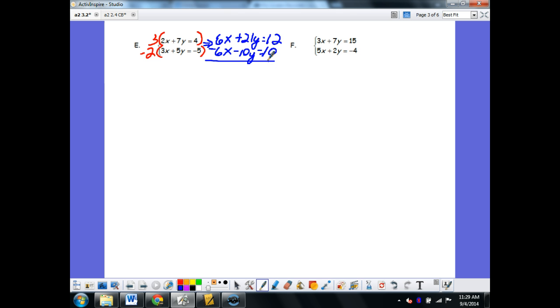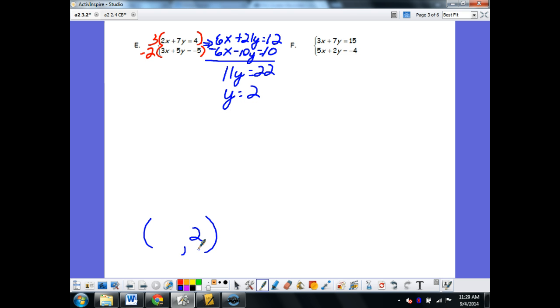Now when I add these two equations together, the x's get eliminated. 21y minus 10y is 11y. 12 plus 10 is 22. So y now is equal to 2. That is the y-coordinate of the point of intersection.